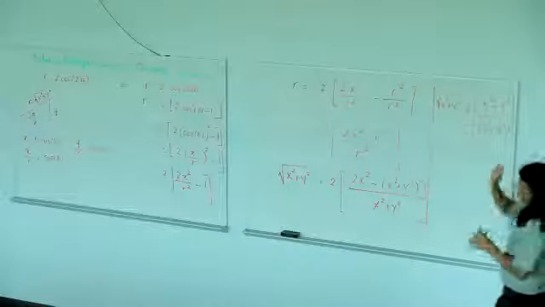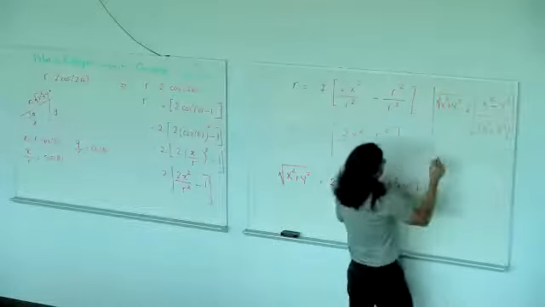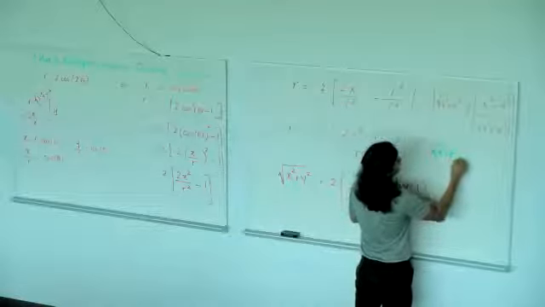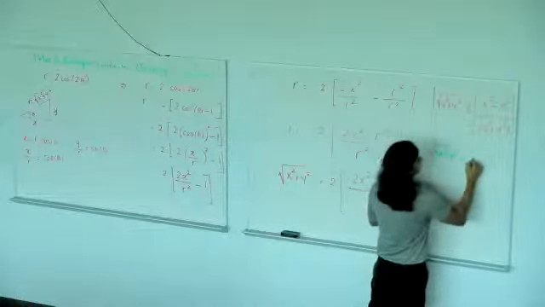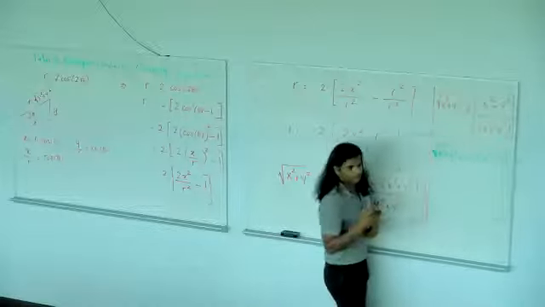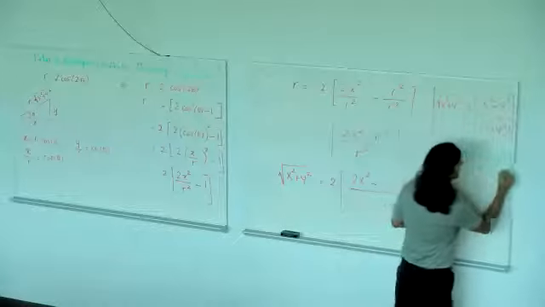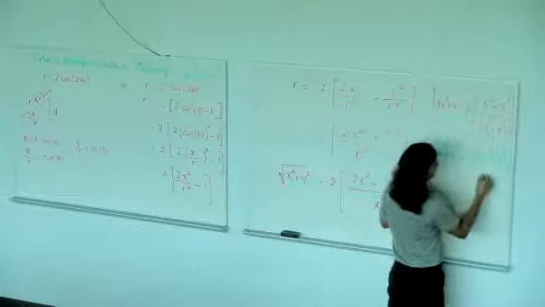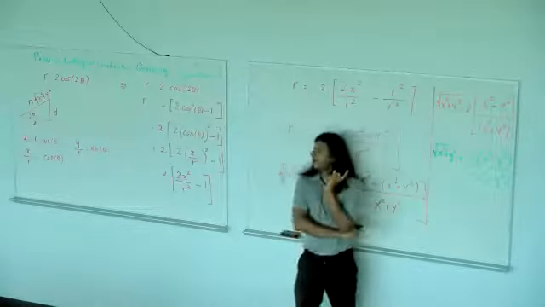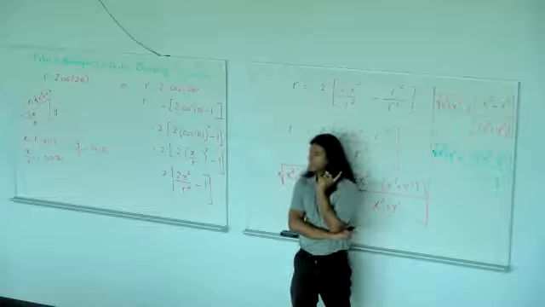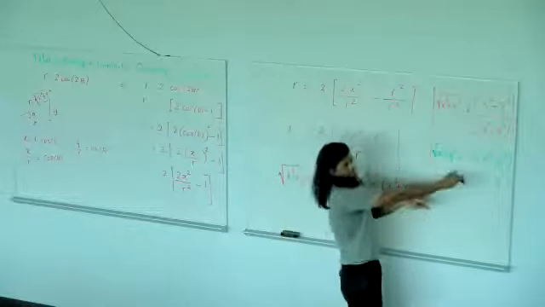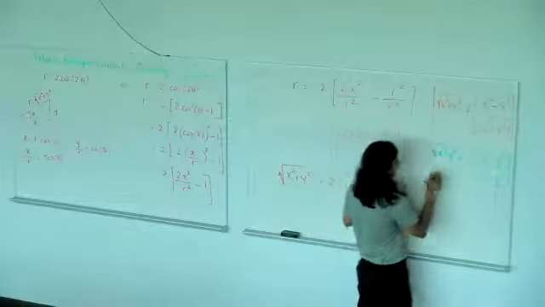Okay, so over there, I have the square root of x squared plus y squared equals 2 times the numerator, which is x squared minus y squared, over the denominator x squared plus y squared. I'm going to multiply by x squared plus y squared on both sides so that I don't have that denominator.